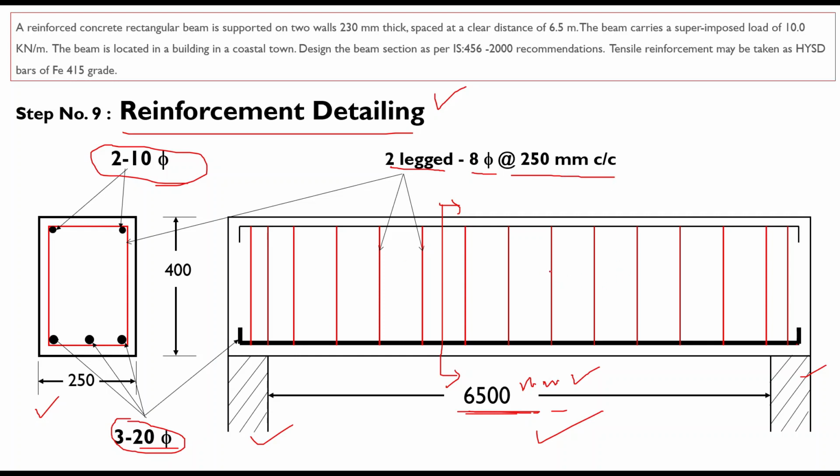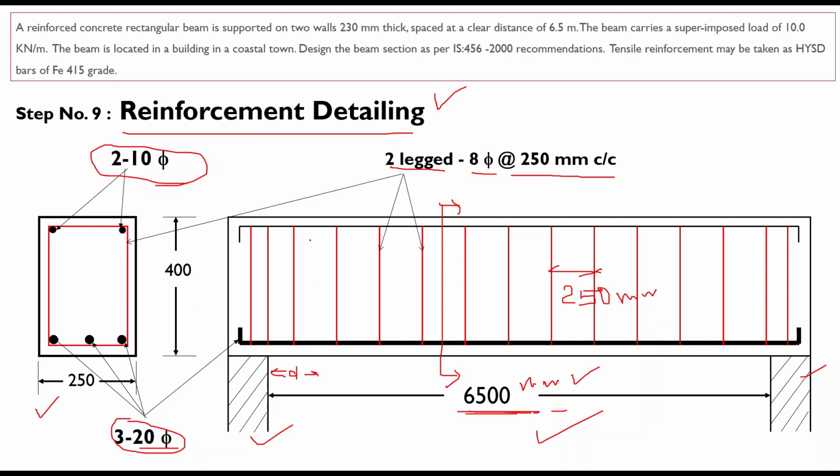That means this is one stirrup, this is another stirrup, so this distance is 250 millimeter. Throughout we are providing this, but near the support the shear force is greater, because we have taken the critical section at a distance d from the face of the support.